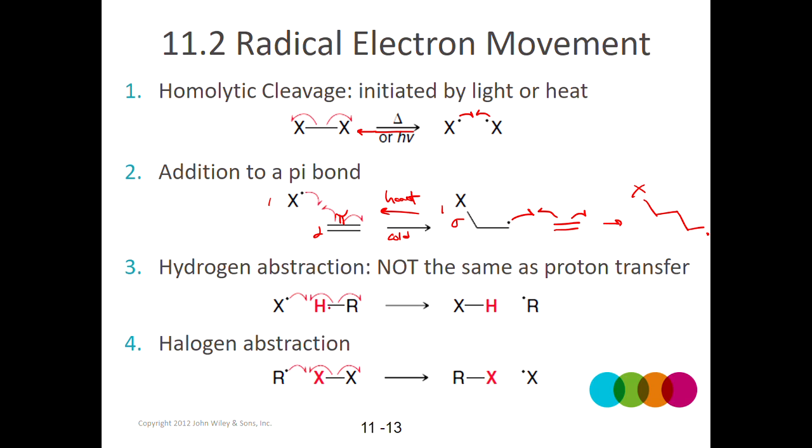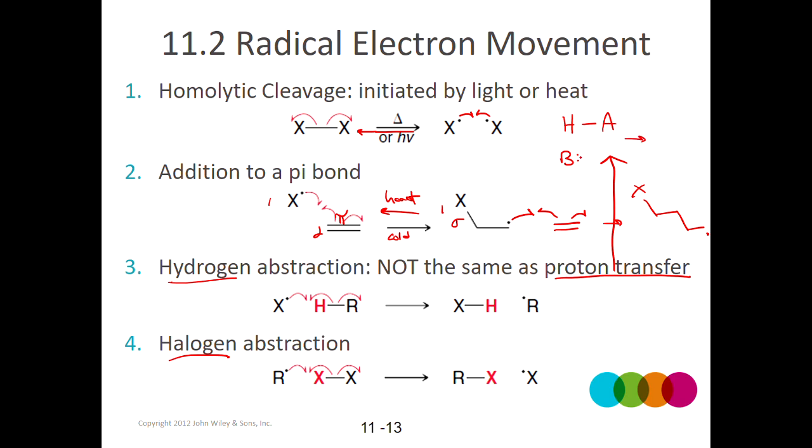Another pattern is a hydrogen abstraction or halogen abstraction. Hydrogen abstraction and halogen abstraction are very similar. This is not the same as a proton transfer, just to remind you. A proton transfer is where some acid loses a proton to some base.